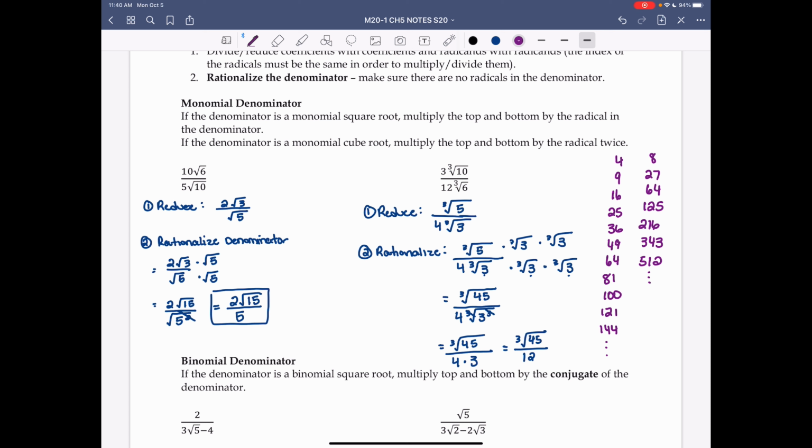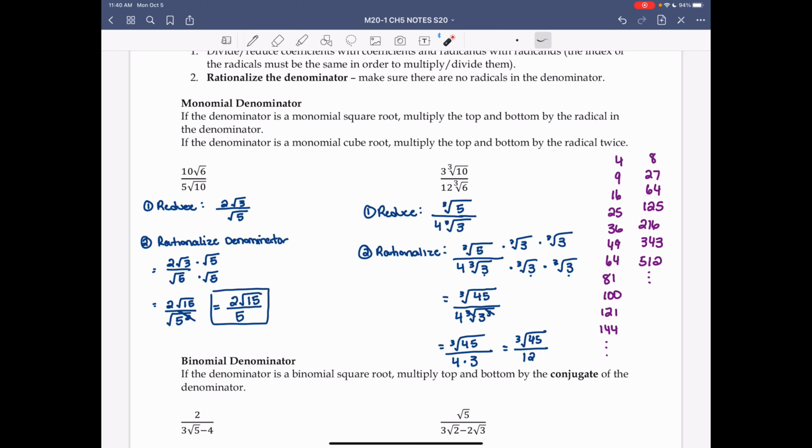So double check our first answer, 2 square root 15 over 5. Square root 15, half of 15 is 7.5, so we can only look for numbers less than 7.5 in our list of perfect squares, which would be 4. 15 is not divisible by 4, so we cannot simplify the square root of 15.